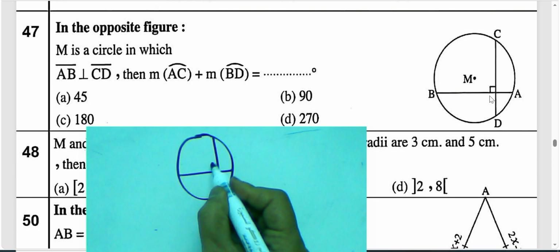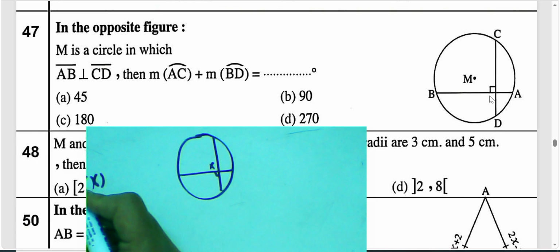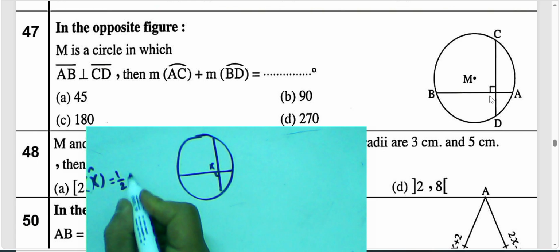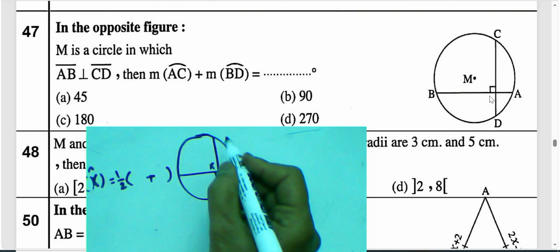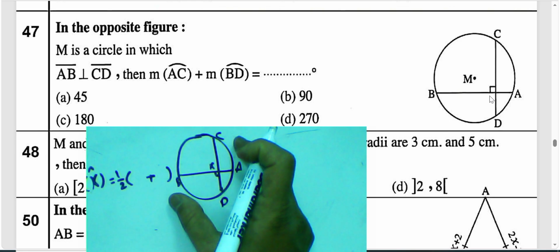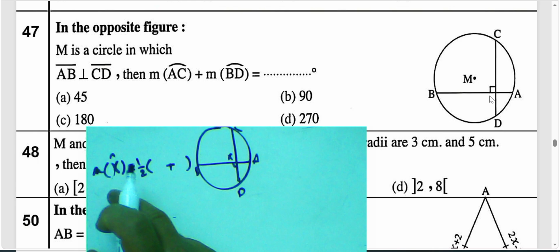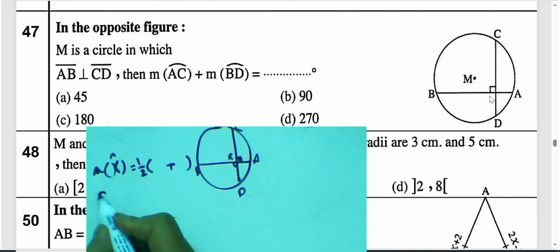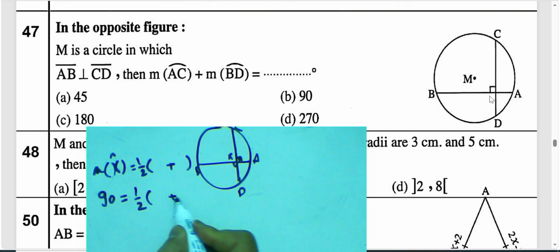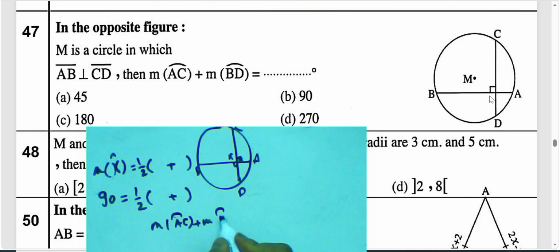We know the measure of angle X is equivalent to half the sum of the two opposite arcs, CA and BD. We can add them together. He asked about EC and BD. The measure of angle X was 90. Then 90 equals half the sum of two arcs. Then the sum of two arcs will be 180. Then the measure of arc EC plus the measure of arc BD is equivalent to 180.